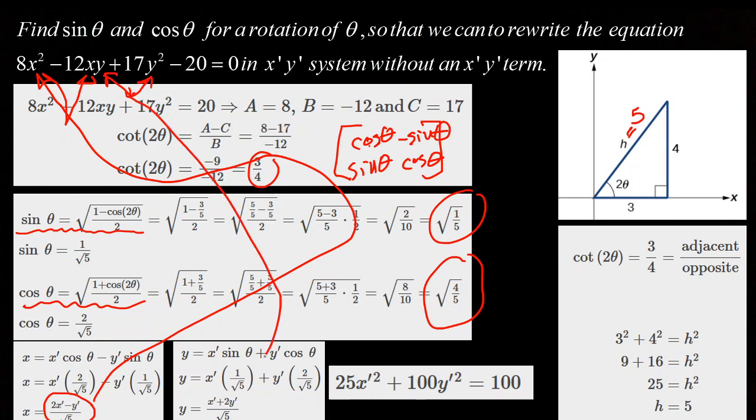All right, simplify. If we do that, we end up with this, and if you divide everything by 100, you get x prime squared over 4 plus y prime squared over 1 equals 1, right? If you divide everything by 100, that's what you get.